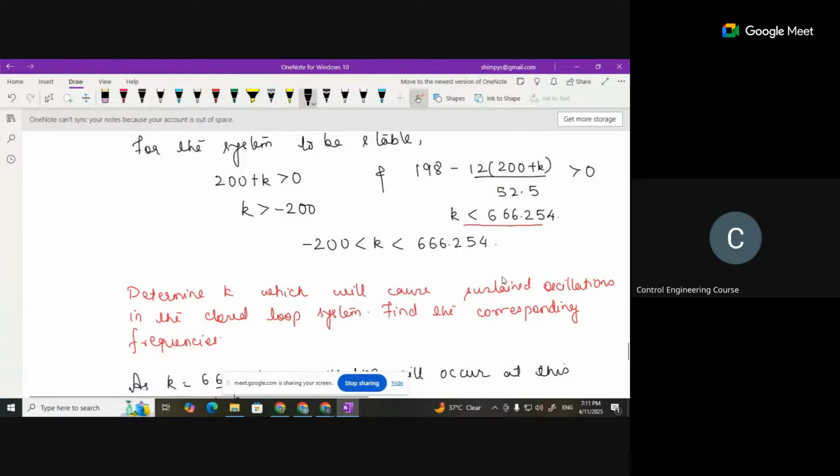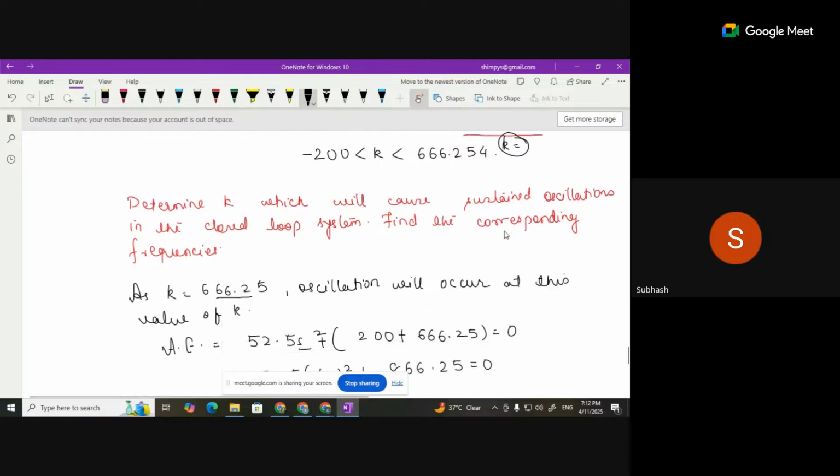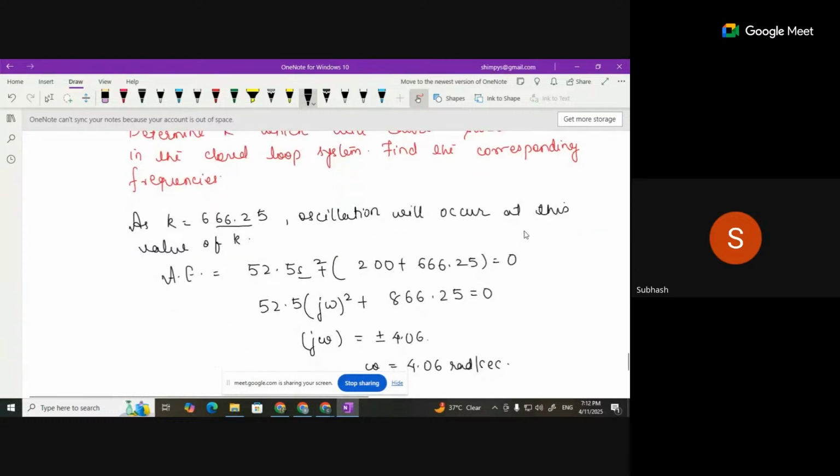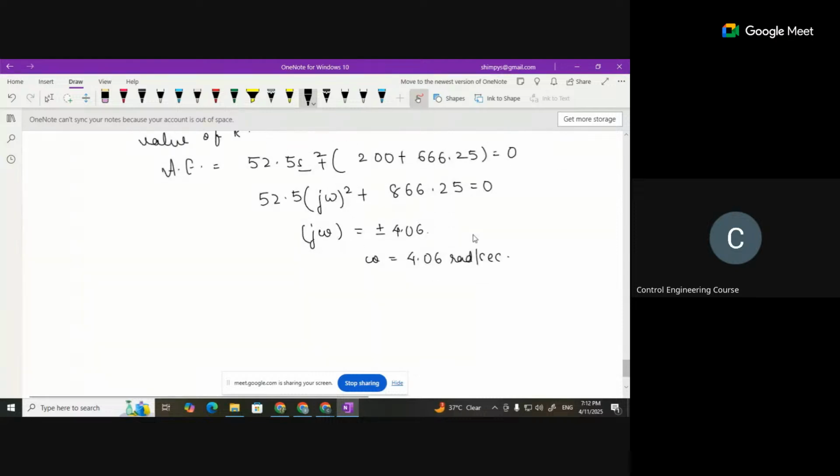That's the reason we have taken the extreme case. When the value of k is equal to 666.25, the system is going to be marginally stable. And for the system to be stable, the value should be less than this. So that's the reason we take the extreme value. Fine. So shall we move to the next question?